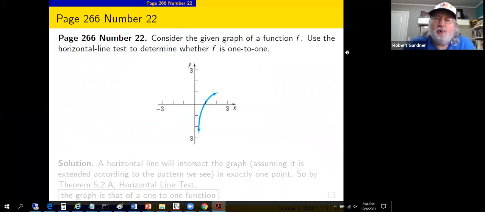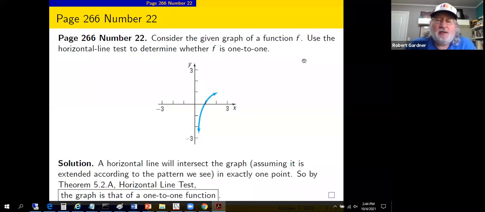Number 22 says, consider the given graph of function f. Use the horizontal line test to determine whether f is one-to-one. Okay, this is one of those I've complained about in the past.